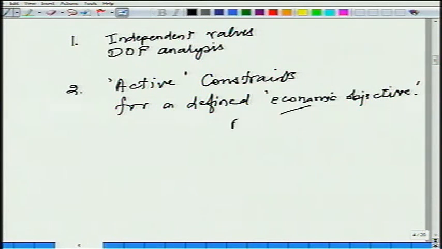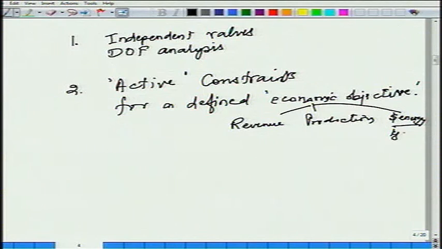Economic objective could be revenue, could be production or throughput, it could be dollar energy cost per kg product, could be whatever, or it could be just steam consumption, minimize the steam consumption for the process.